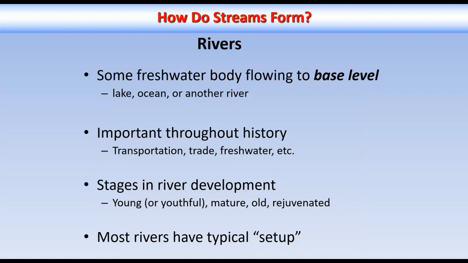So what are rivers? It's a flowing fresh water body that's flowing into what we call a base level. The ultimate base level is the oceans, right? So the water comes from the oceans mostly, falls on the land, hits the land surface, and is flowing back toward the oceans. That's the cycle, right? And gravity is the driver here.